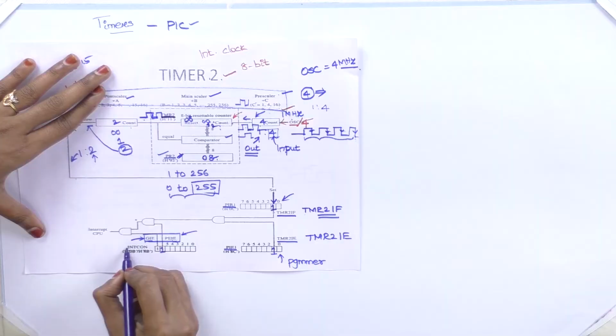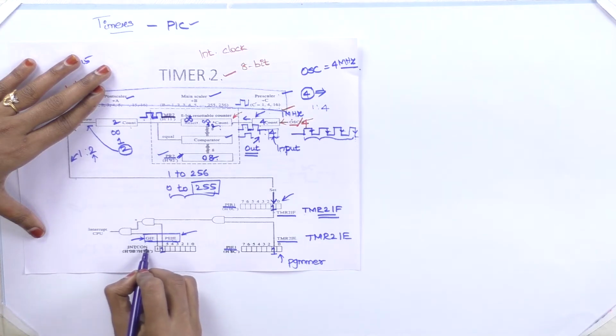Global interrupt enable should be enabled to recognize all those 12 independent interrupt sources. In the features itself we have discussed that the PIC microcontroller generally has 12 independent interrupt sources. So these interrupts, as a whole, should be enabled by using the global interrupt enable bit. This resides in the INTCON register.